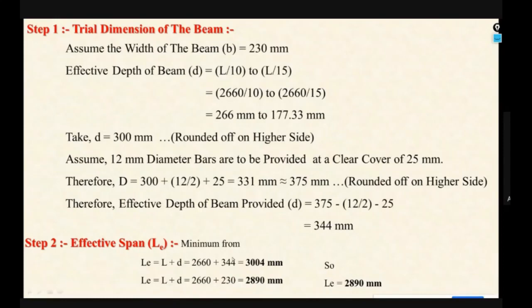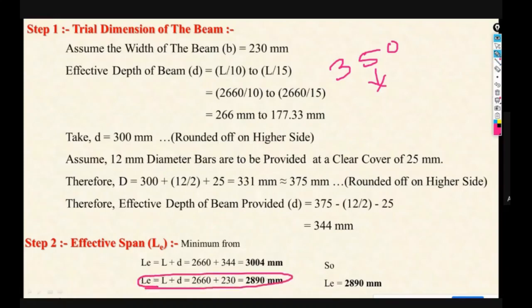Next, effective span, same criteria. L plus D, where D means bearing, or L plus D where D means depth. Here we can consider bearing, but if you are not interested in this, you can neglect it, because bearing comes only for the slab.